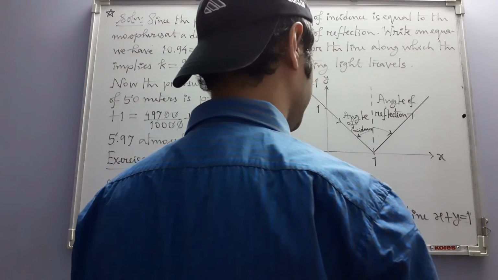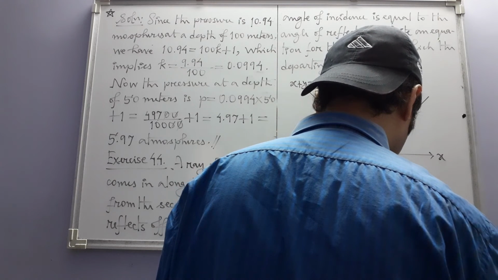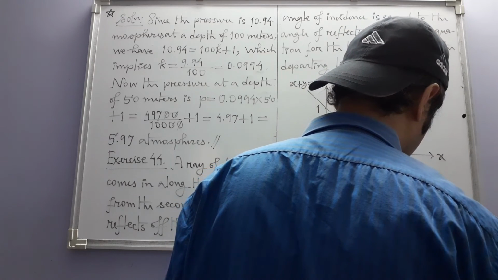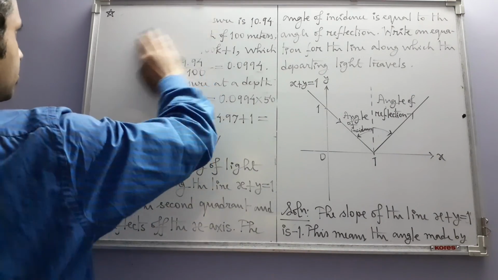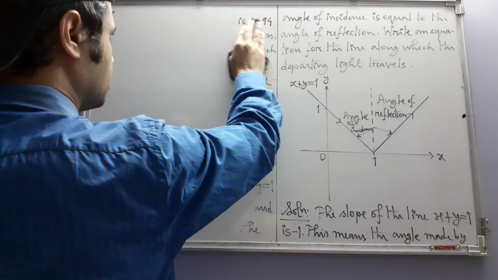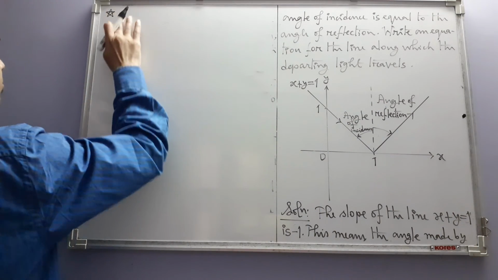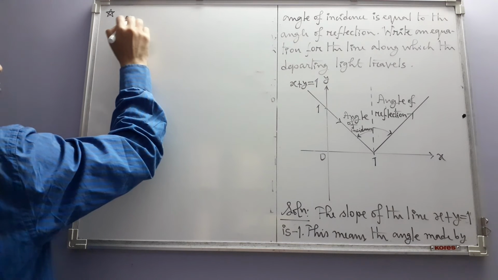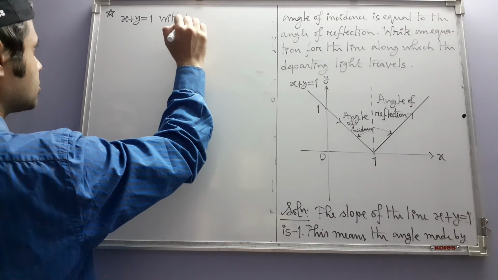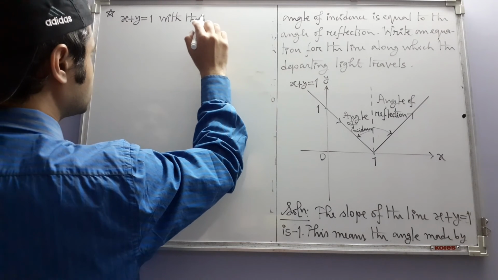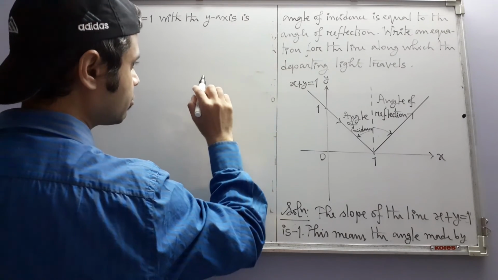So what does it mean? This means the angle made by x plus y equal to 1 with the y-axis is 45 degrees.